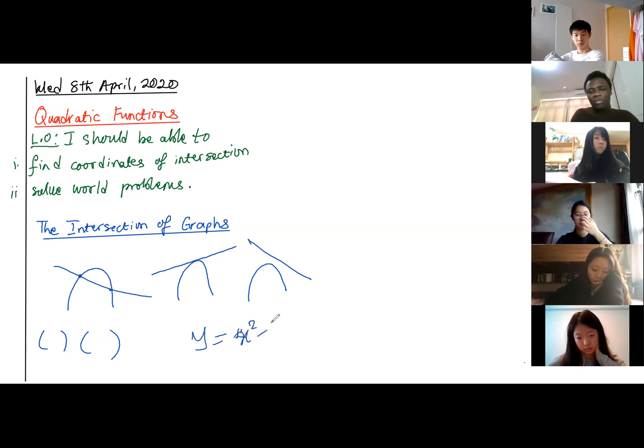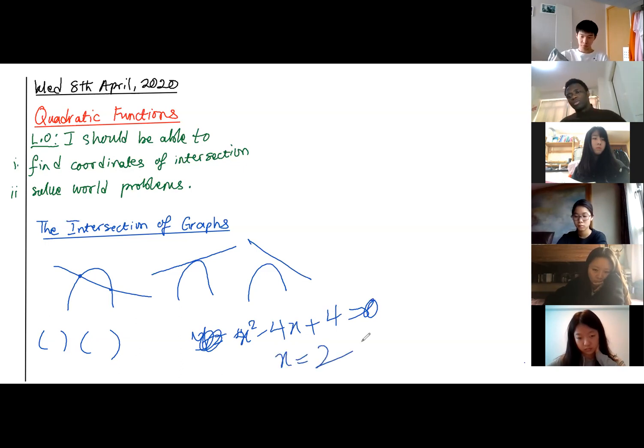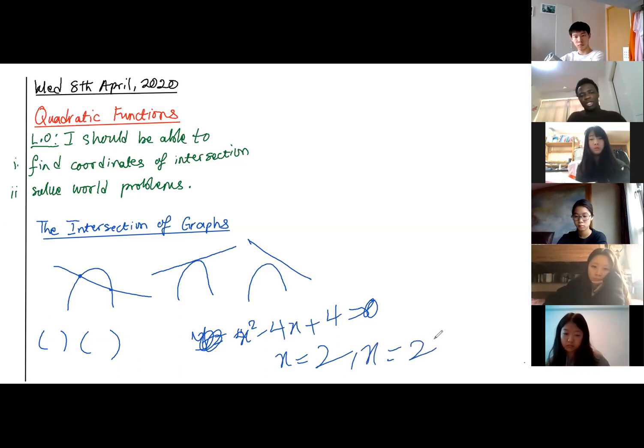Maybe x squared minus 4x plus 4 is equal to 0. Okay, after you equate the two of them, you get the quadratic equation like this. This will only give you one value, 2. Because the equations here are equal roots. Does that make sense? So you get x is equal to 2 or x is equal, please do not write what I'm writing here.